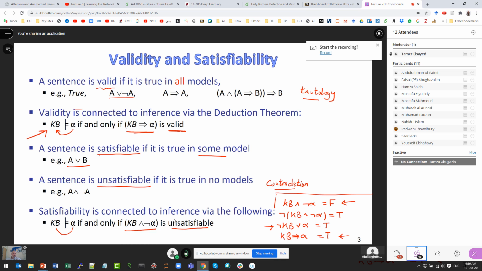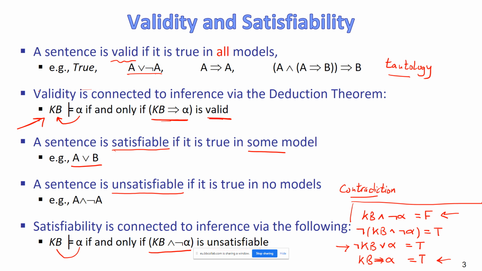And you will see, hopefully in this lecture, or for sure by the next lecture, how this is useful. When we use the resolution algorithm, you will see that this is how we will make inference from the knowledge base. But both are equivalent, as we saw here. This one is the same as saying this one, and we showed that here.